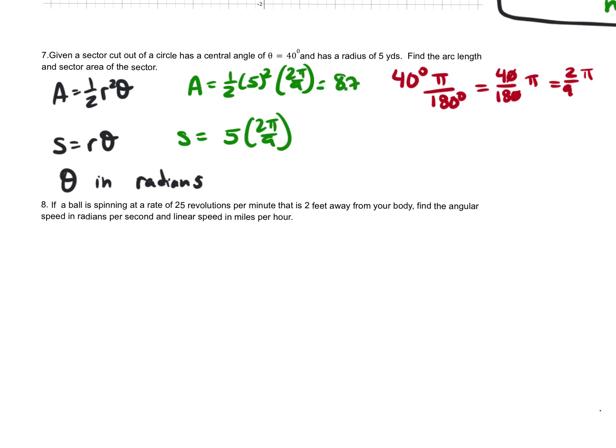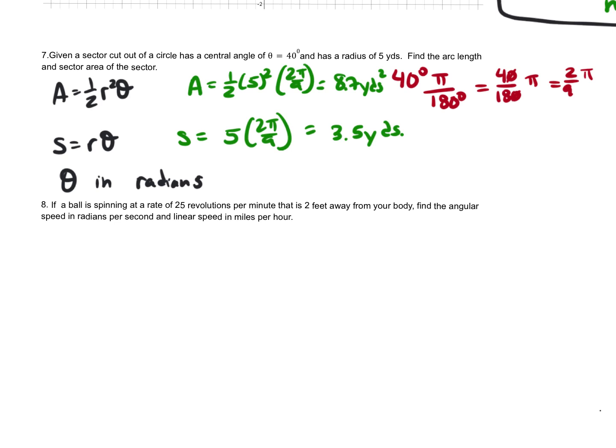But double check that, of course. 8.7, and that would be in square yards, so that's still pretty big. And then 5 times 2 pi over 9 is yielding 3.5, and that would just be in yards. So area is always squared, and arc length is always linear, so only first degree.